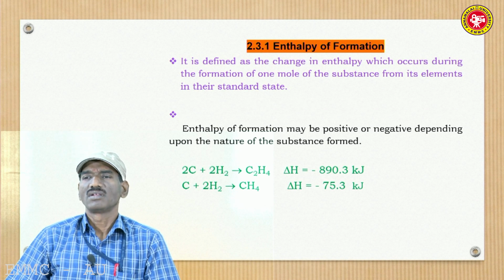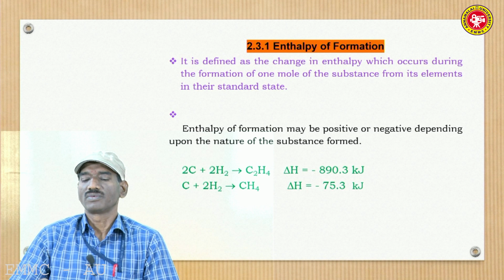For example, formation of ethane: carbon reacting with hydrogen gives rise to C2H4. The delta H value is negative 890.3 kilojoule. Similarly, formation of methane: carbon with hydrogen gives rise to CH4. The delta H value is negative 75.3 kilojoule.